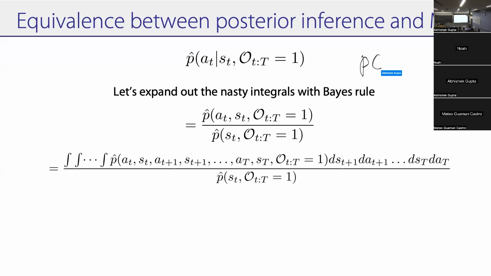The logic is, if you have P of A, you can write this as the integral of P of A comma B over B.